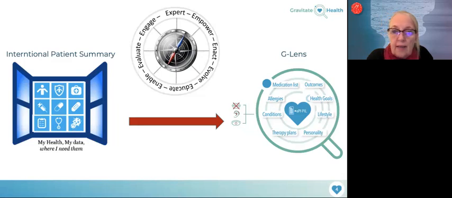We are taking elements like the medication list, allergies, conditions, precautions, therapy plans, but also personal preferences, outcomes, goals, and personality and context into account, mindful of what the patient or the user themselves would disclose. With these elements, it will be possible to focus information in the package leaflet, in the product information, and really highlight information that's important.